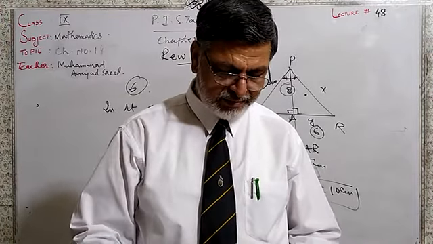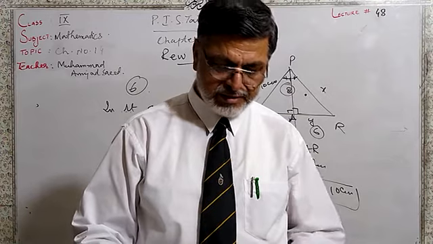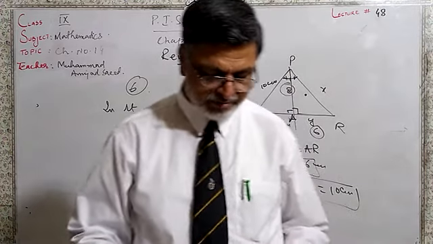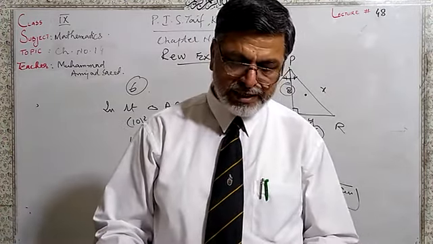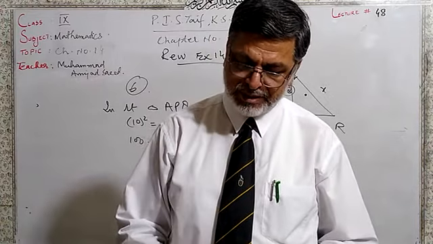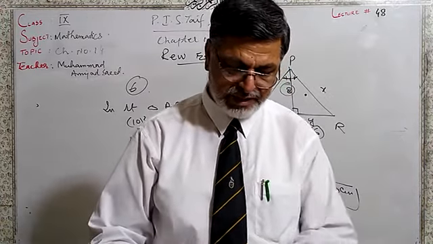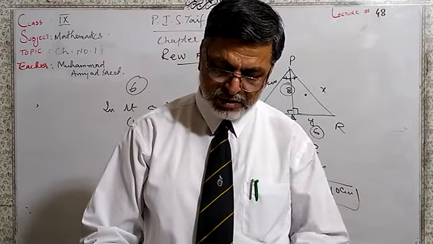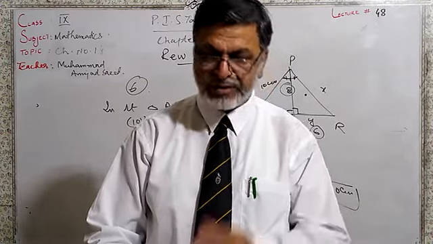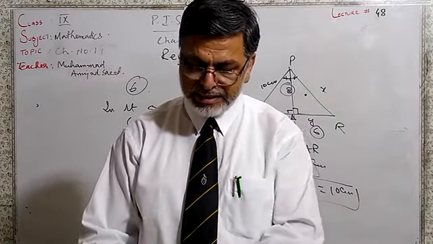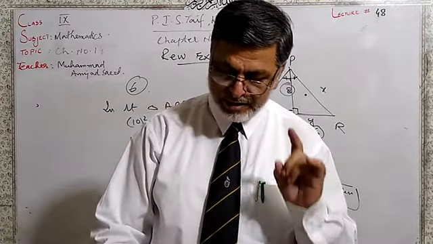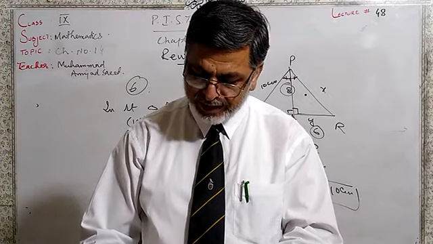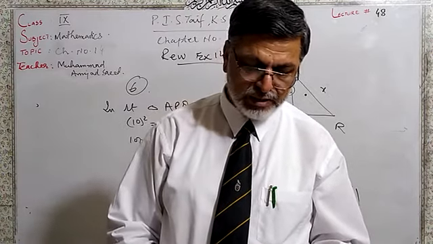After that we have chapter number 15. We have already done this theorem, chapter number 15, theorem number 15.1. We finished that theorem. And also in exercise 15 you can apply Pythagoras theorem to find your correct options, to find your answers.